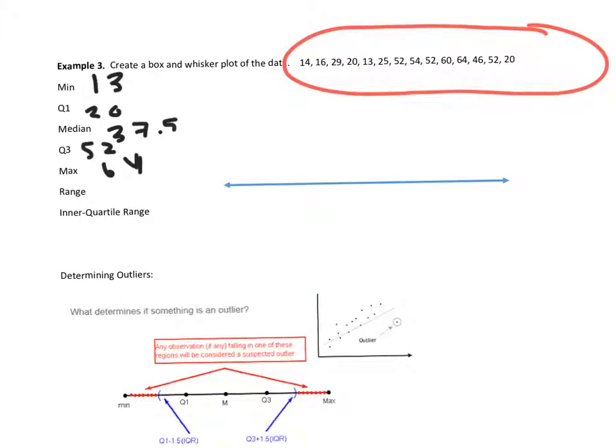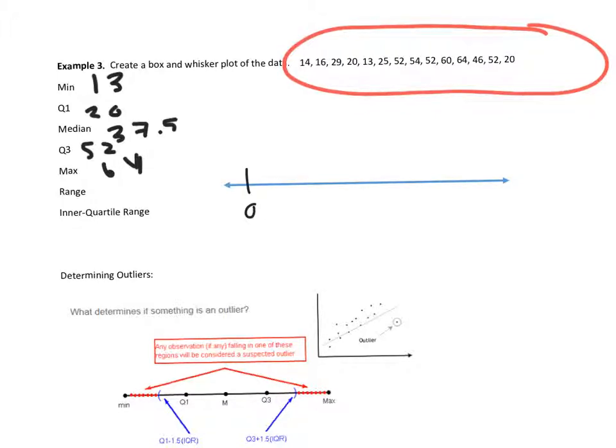All right, so I'm going to create a box and whisker plot of this in my calculator, and you should follow along too. You should press pause and put this in your calculator: go to stat, edit, L1, and then stat, calc, one-variable statistics. So I put that in my calculator, and now I'm going to make a scale.